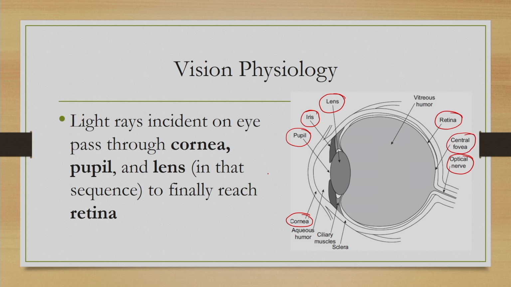So, when light comes after getting reflected from a point, suppose this is the light ray. As the figure shows, the light rays that are incident on the eye pass through cornea, that is the component here, pupil component here and lens, that is the component here.